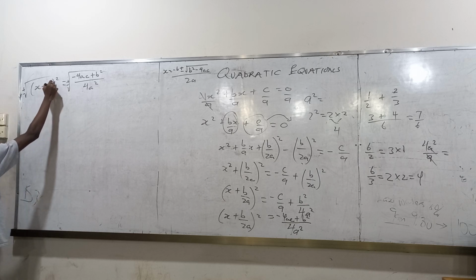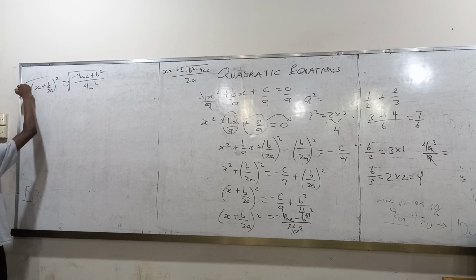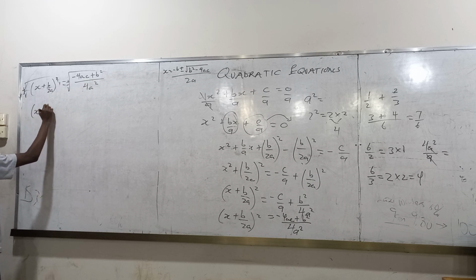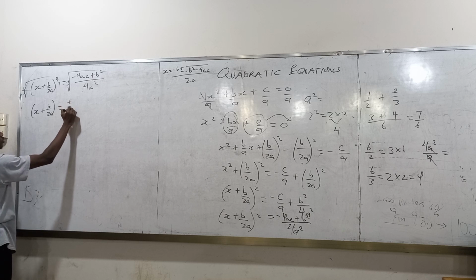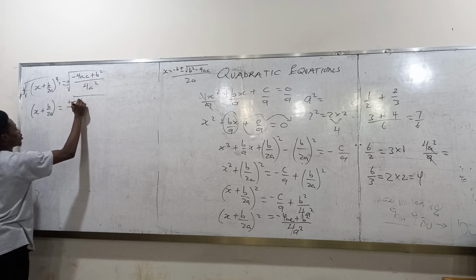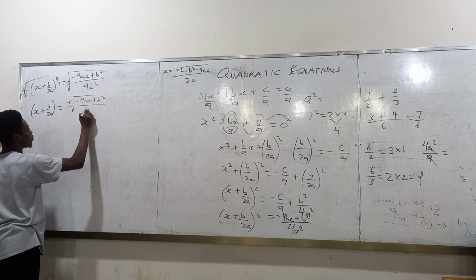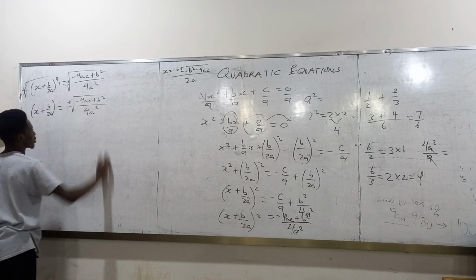When we find the square root of this, these two can cancel the root sign, so that we'll be left with x plus b over 2a being equal to plus or minus root of minus 4ac plus b squared, all over 4a squared.